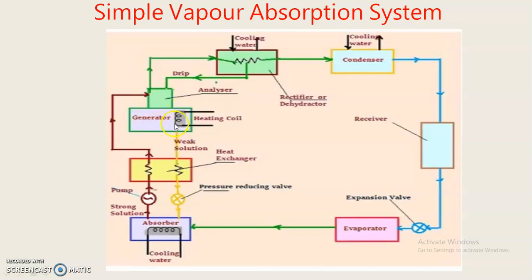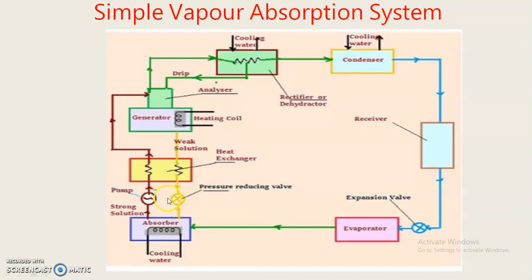The strong solution is pumped to high pressure and passes through the heat exchanger, where it takes some heat from the weak solution, which is throttled before entering the absorber. This increases the efficiency of the system.